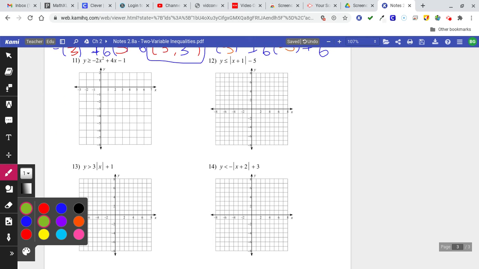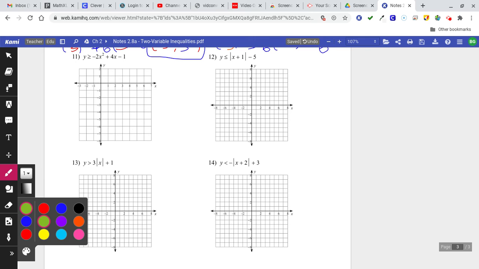Number 11, same thing. It's still going to be a parabola. It's a parabola that opens down because of that negative. So we do our negative b over 2a. -4 over 2 times -2. That's -4 over -4, which is 1. So plug in that 1.